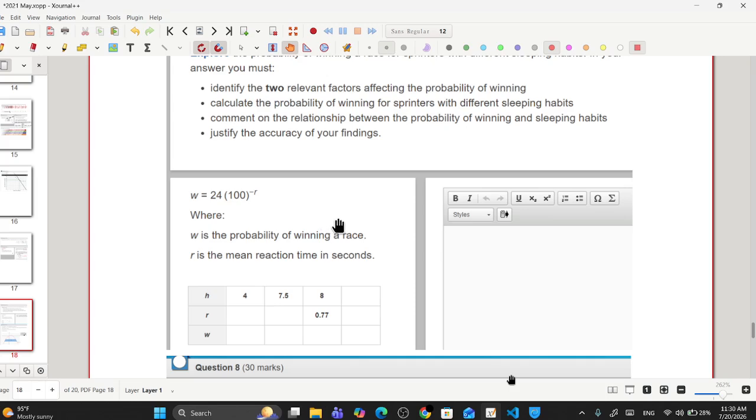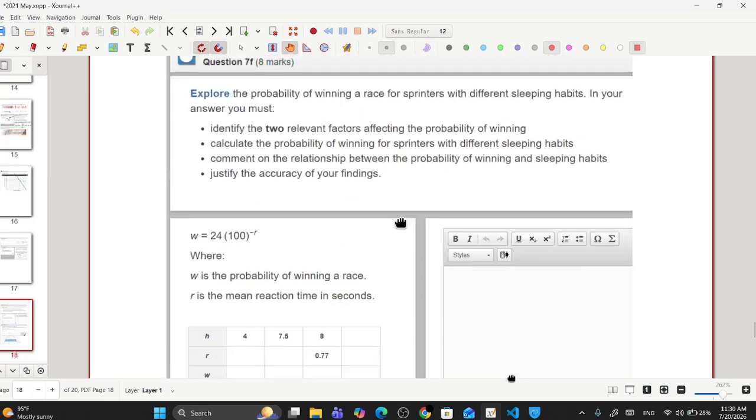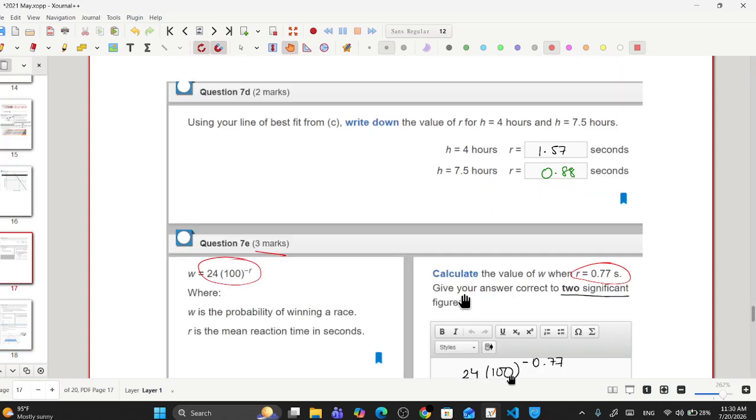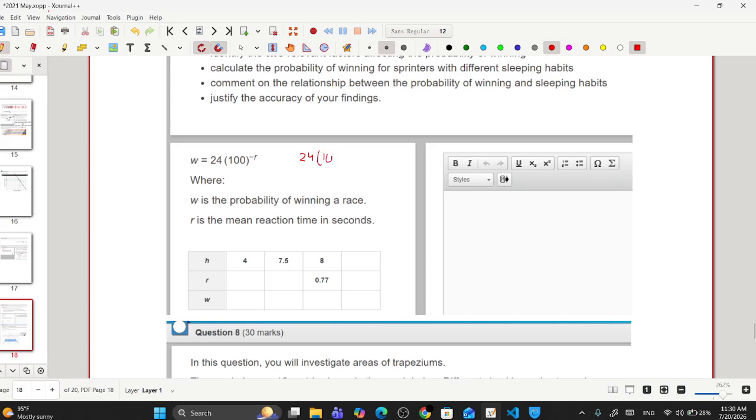So in the case where H equals 4, we calculated above that R equals 1.57, right? So let's substitute it for the first value. 0.24 multiplied by 100 raised to the power of minus 1.57.